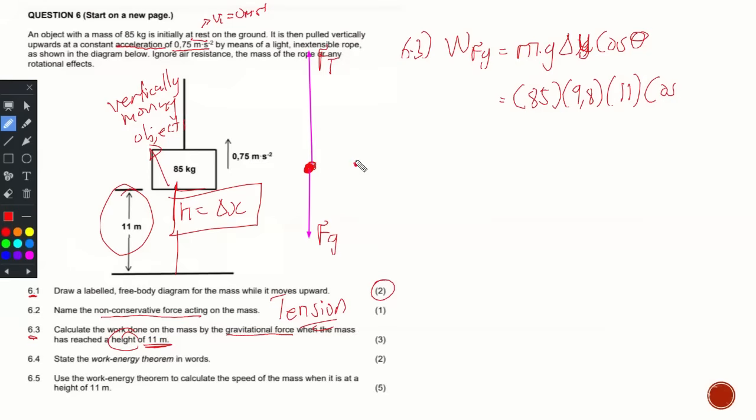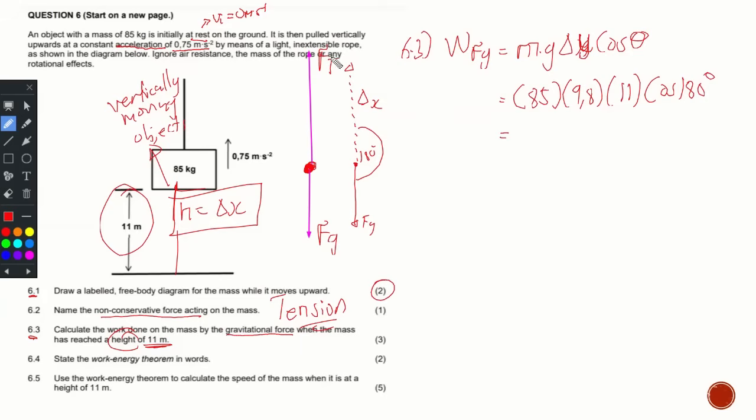Note that the object is going upward, so the displacement will be all the way up like that. But then Fg is going downward. So what would be the angle between the displacement and the gravitational force? It would have to be 180 degrees because Fg is acting in the opposite direction of the displacement of the motion where the object is moving to. So we have to apply our theta as 180 degrees. Very important to note.